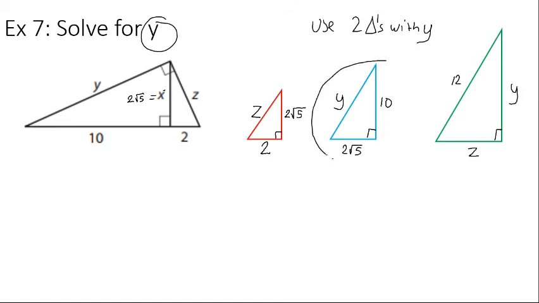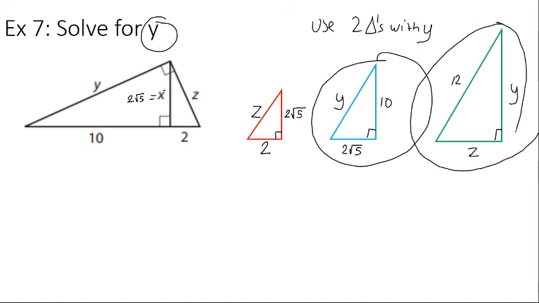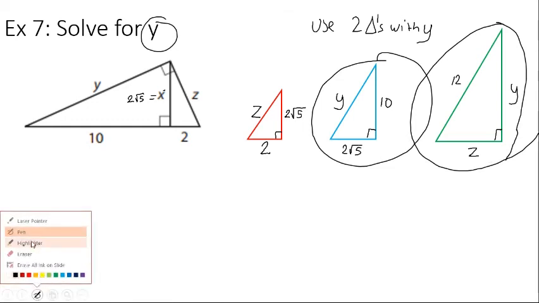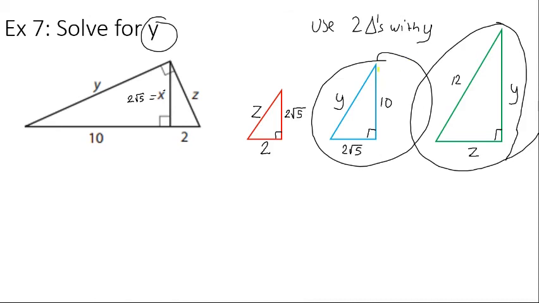So I'm using this one and this one right here. Let's figure out what the corresponding parts are. So I know y is right here. That corresponds with this 12. Y is this side. This corresponds with this 10.